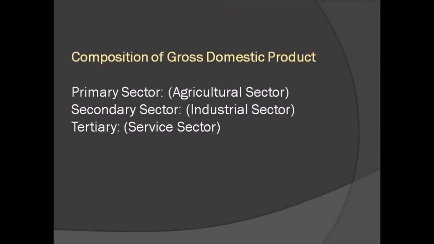Composition of gross domestic product. The Indian economy is broadly divided into three sectors. They are the primary sector, secondary sector and tertiary sector. First is the primary sector. The agricultural sector is known as the primary sector, in which agricultural operations are undertaken.